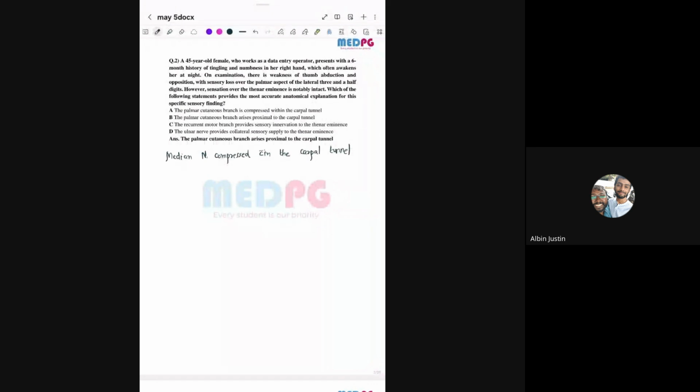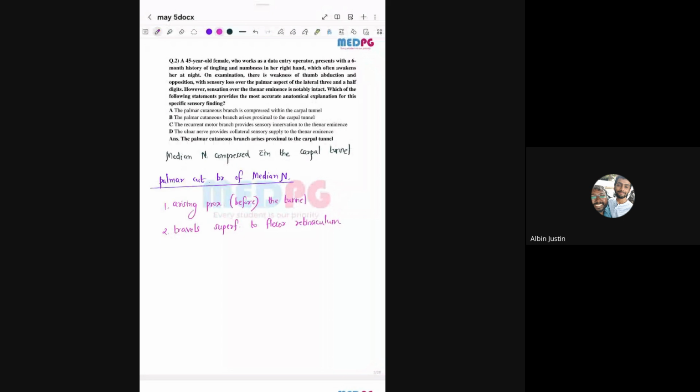But what about the palmar cutaneous branch? The palmar cutaneous branch of the median nerve has a speciality: it arises proximal to the tunnel, before the tunnel, travels superficial to the flexor retinaculum, and doesn't pass under the tunnel.